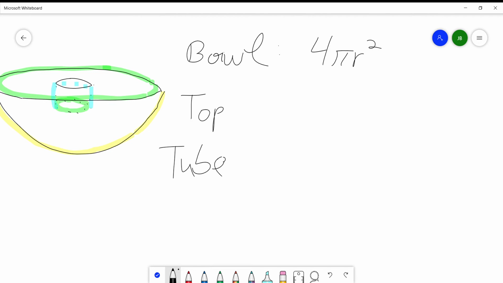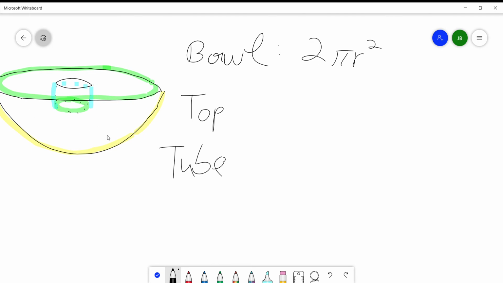In this bowl, we're only looking at half of the sphere. So we're going to do that times a half, or divided by 2 if you prefer. But just quickly looking at this, we can see that 1/2 of 4 pi r squared is really just the same as 2 times pi r squared. So I'm just going to say 2 pi r squared and simplify things. So 2 pi r squared will get us the surface area of the bowl portion.